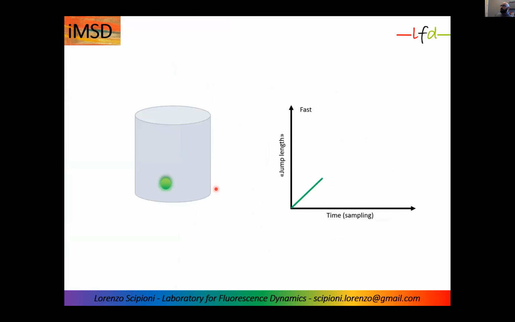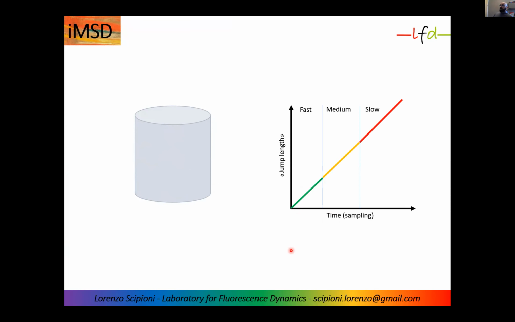iMSD works on similar principles, but exploits the temporal dimension. If you are in a solution, if you consider the time and how much is the broadening of the diffusion probability distribution, it will increase linearly regardless of the temporal distance, right? Because there's no obstacle.